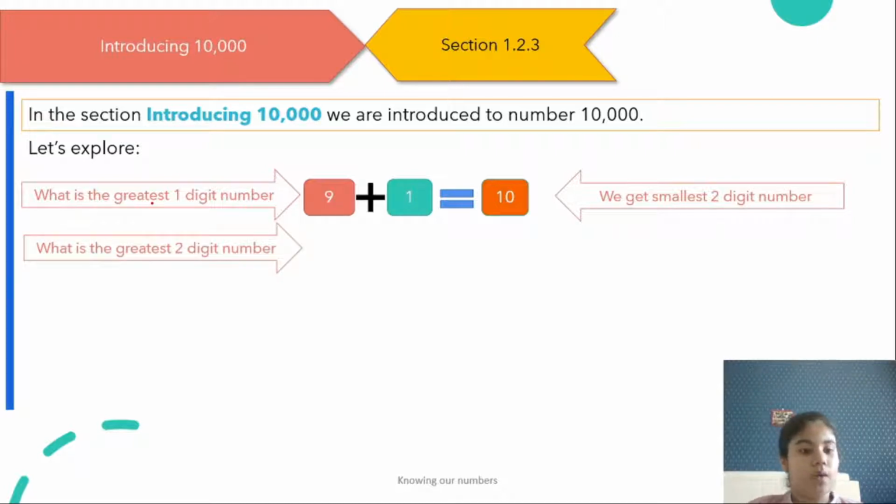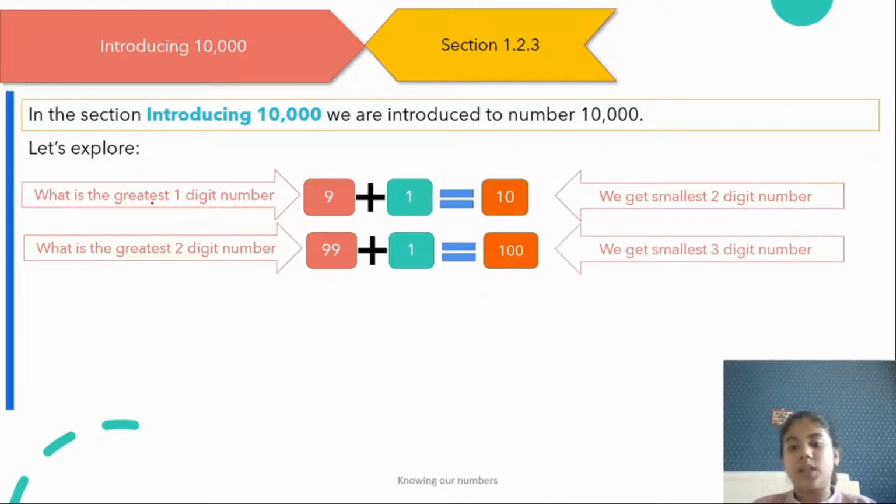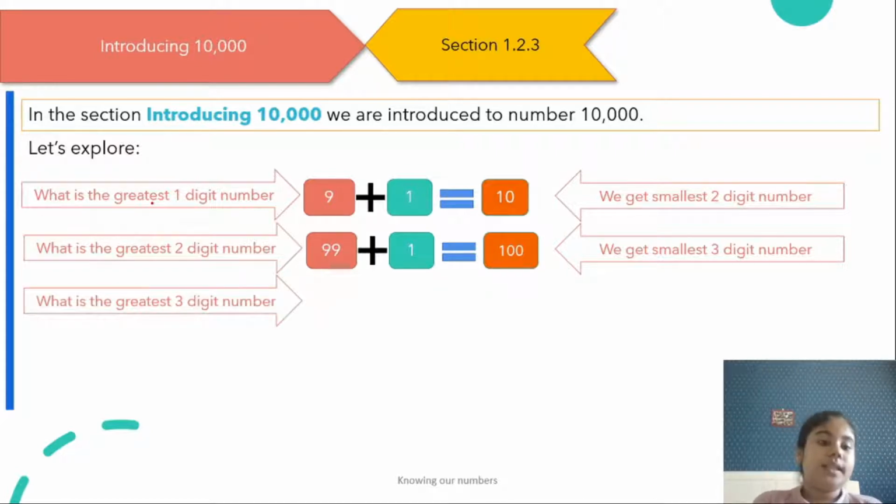Next up, what is the greatest two-digit number? It's just 99. And what do we add to make it the smallest 3-digit number? We add 1, which makes it 100, the smallest 3-digit number. What is the greatest 3-digit number?